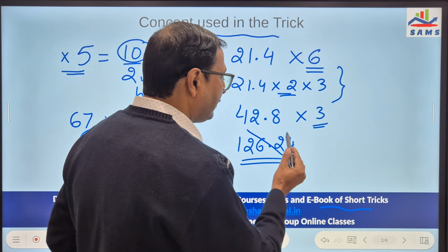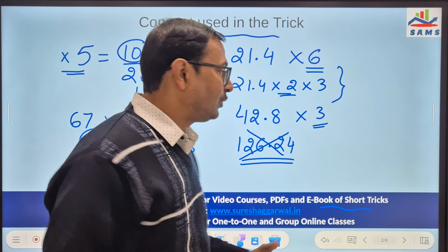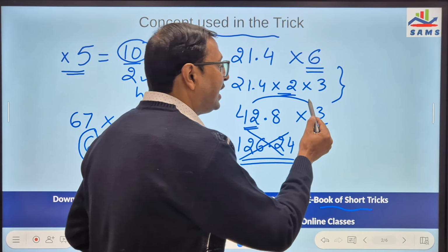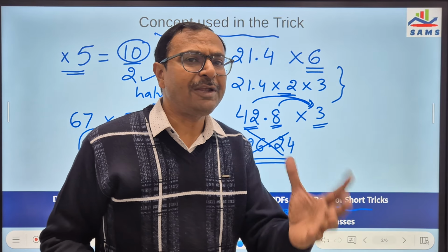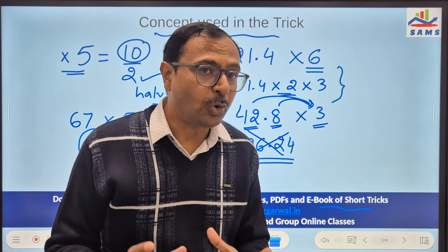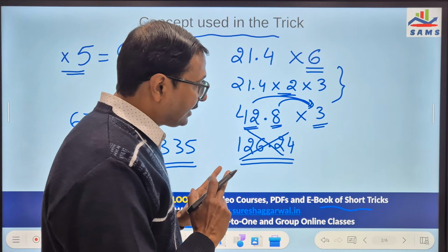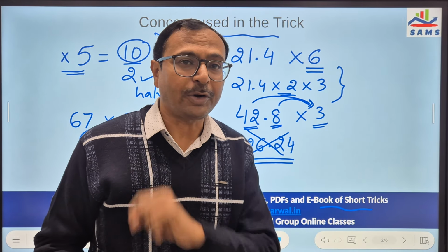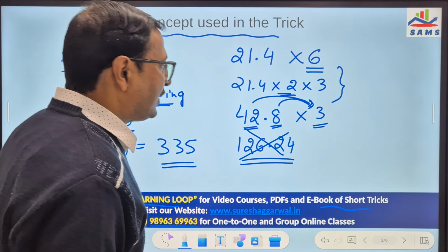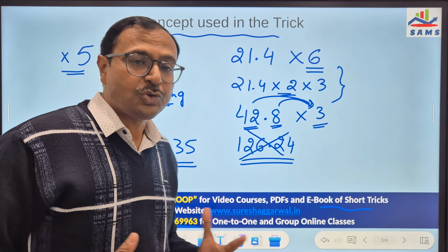Can you tell me why? Because there are so many students who will be doing 42 times 3 and then doing 8 times 3 and then putting the decimal. A very important thing to note, that putting the decimal at the correct place is really important. And that's where tripling comes into play.